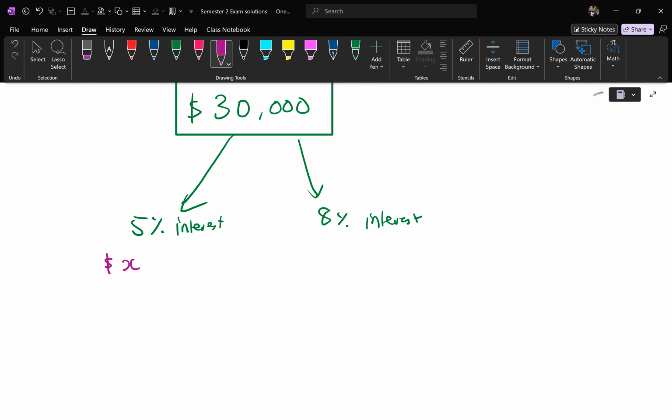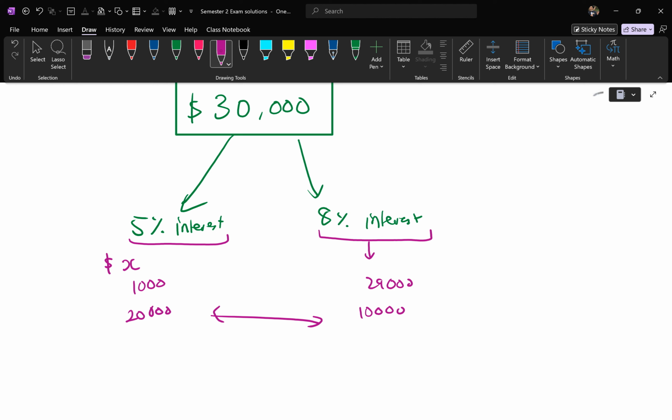Then how do you work out the leftover? If I spent, I don't know, $1,000 for 5% interest, well, then there's $29,000 left over, right? If I spent $20,000, then clearly there's $10,000 left over, because they both have to add up to 30,000.